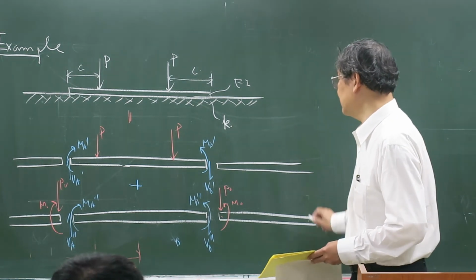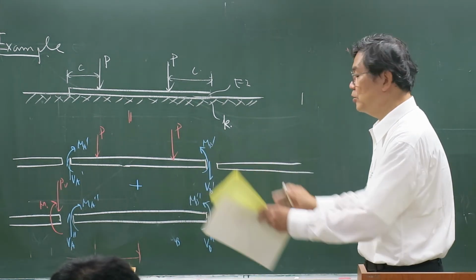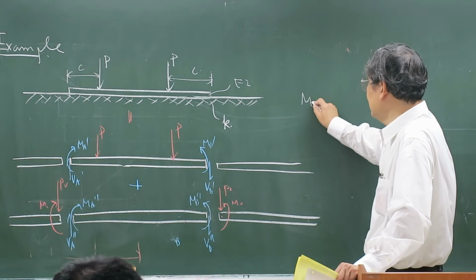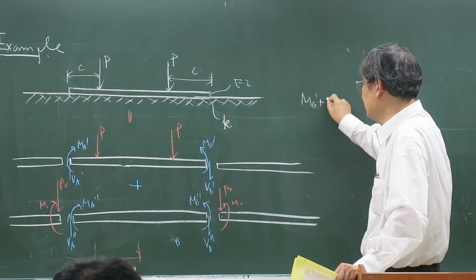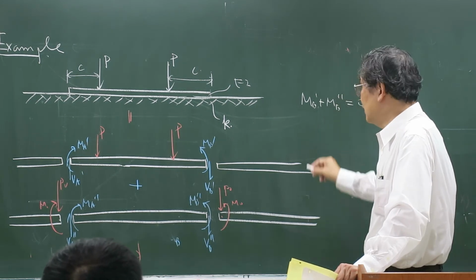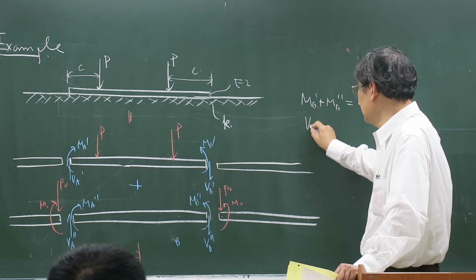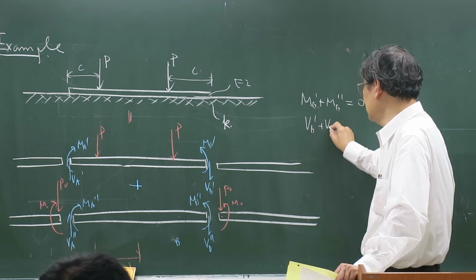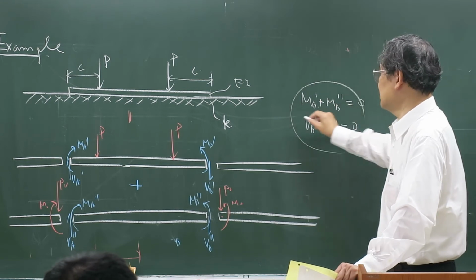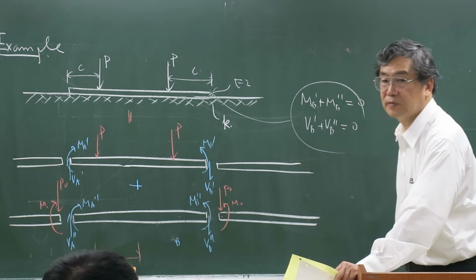Now let's see, here is a symmetry problem. We only do one side. Okay. So we make M_P plus M_P double prime equal to 0, and V_B prime, V_B double prime equal to 0, and satisfy the end condition.